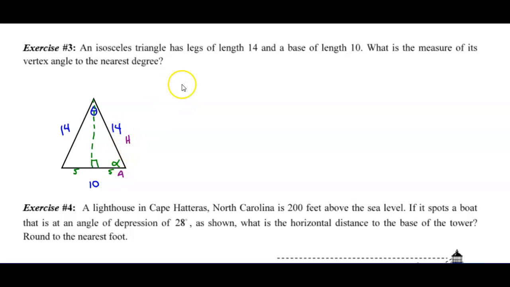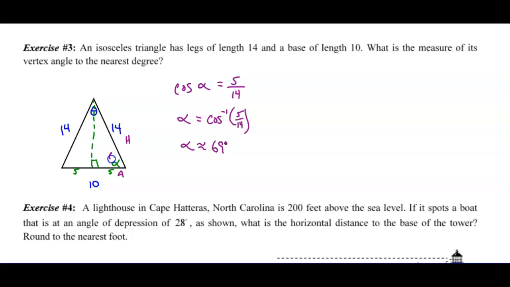So A and H is cosine, so cosine of alpha is equal to adjacent 5 over hypotenuse 14. I don't know the input, so let's change this to an inverse function. Inverse cosine of 5/14. That tells me that alpha is approximately, on the calculator, 69 degrees here.